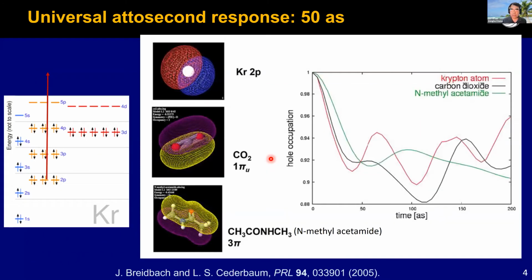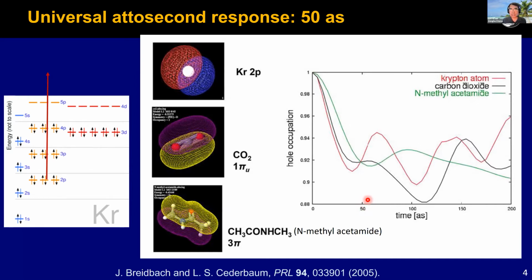In 2005, a theorist, Cederbaum, and his group predicted that if you remove an electron from a simple atom, say krypton, or small molecules, say CO2, or complex molecules, it takes other electrons about 50 attoseconds to respond. And he calls this time the universal atomic response time.